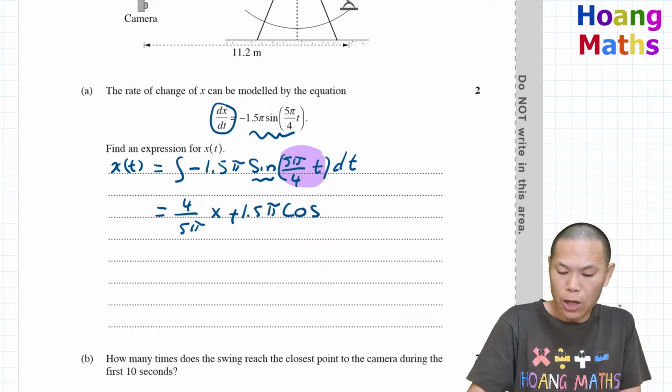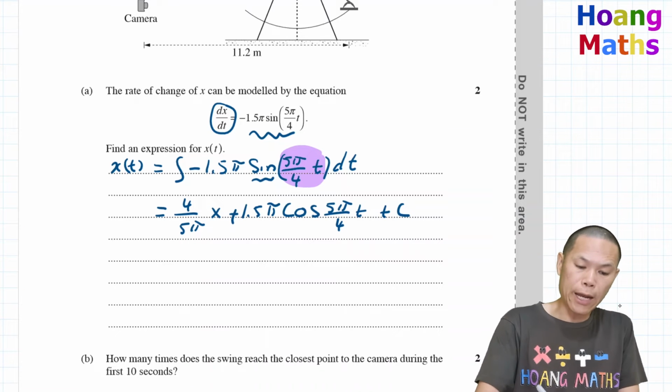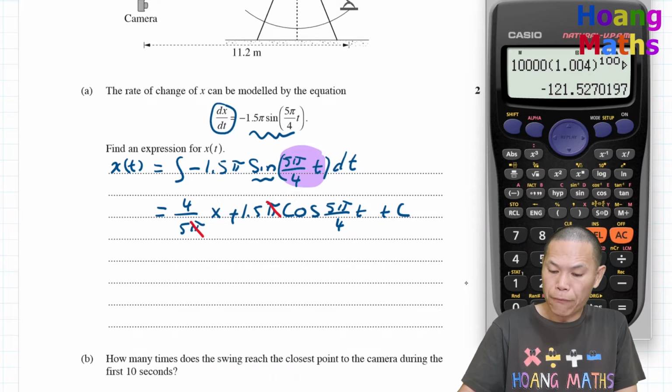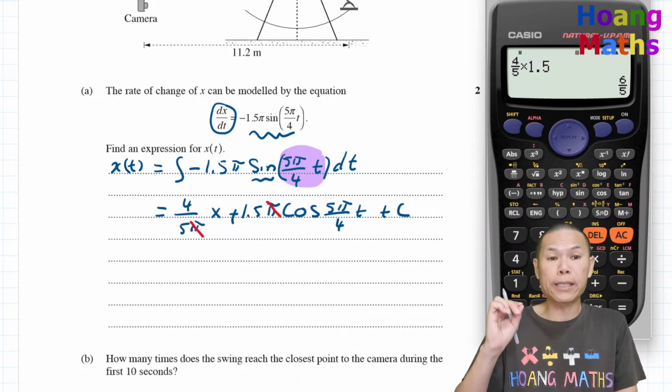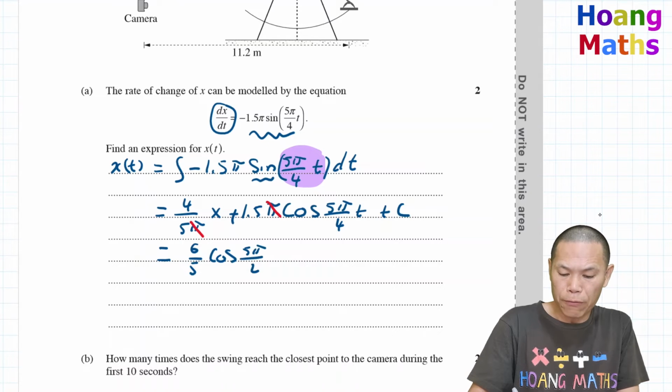So cos of 5 pi over 4 t, and don't forget, we need to add a constant c. Now I simplify this. The pi cancels out, and 4 over 5 times 1.5 gives me 6 over 5. So 6 over 5 cos of 5 pi over 4 t, and we add a c.